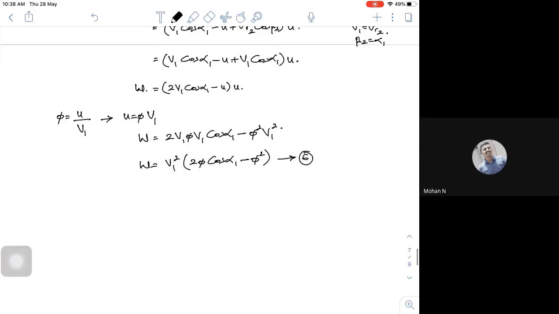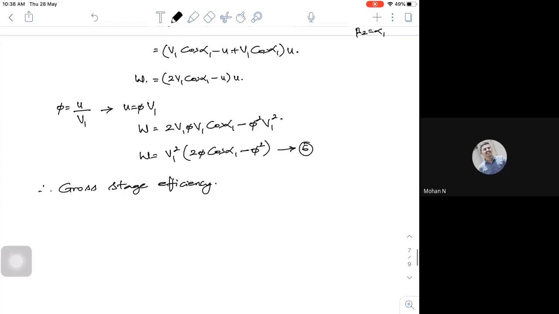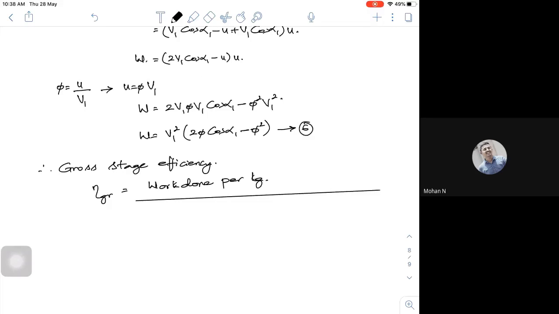Now what is the gross stage efficiency? Therefore, the gross stage efficiency is given by the work done per kg of steam divided by the isentropic heat drop per stage per kg.